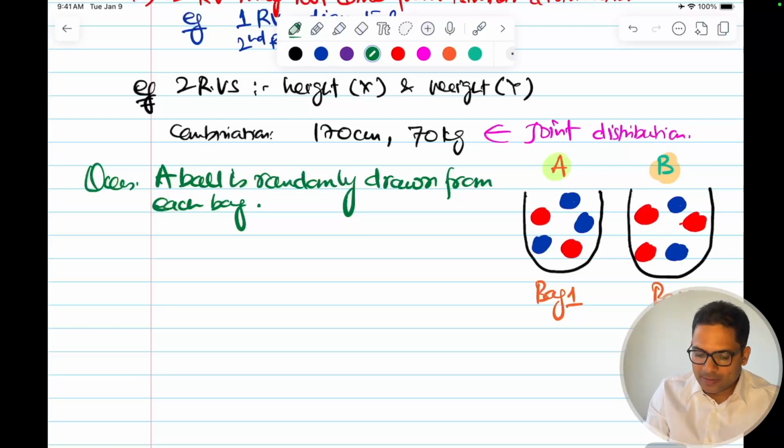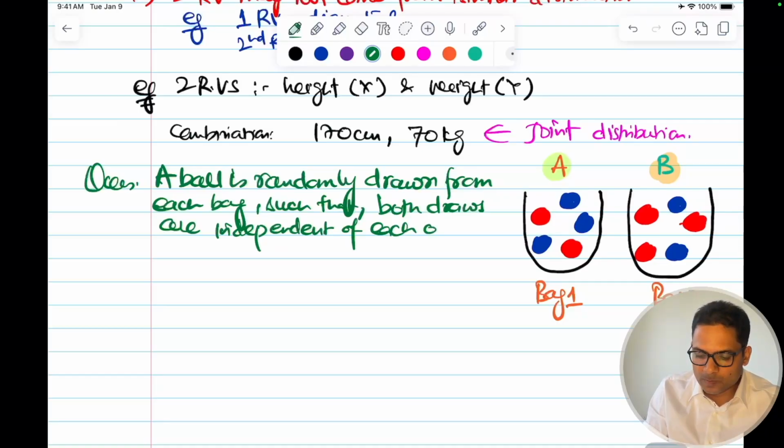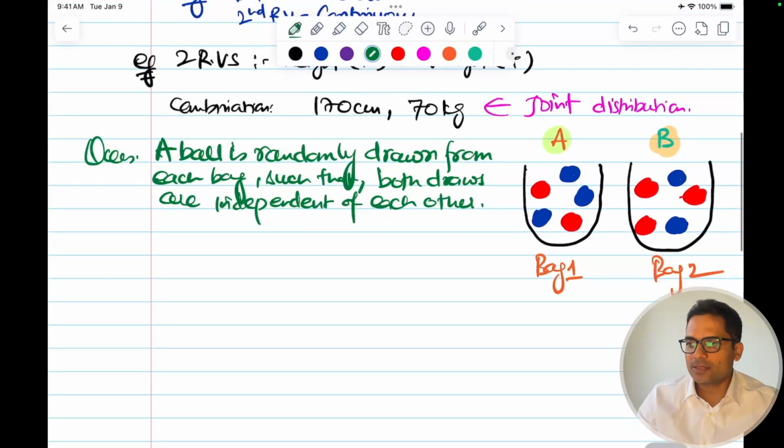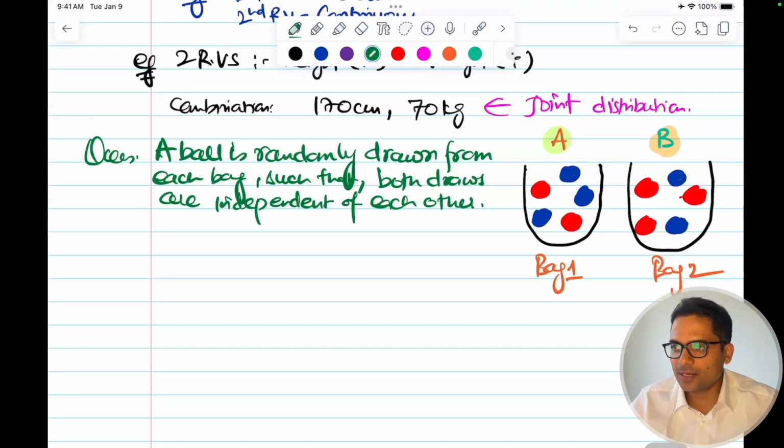I'm just being more explicit: both draws are independent of each other. So let me write that.